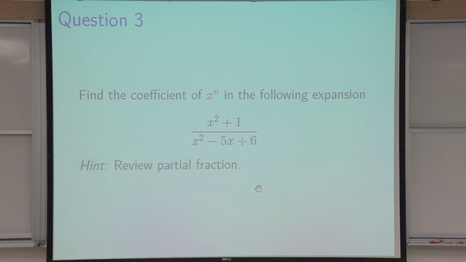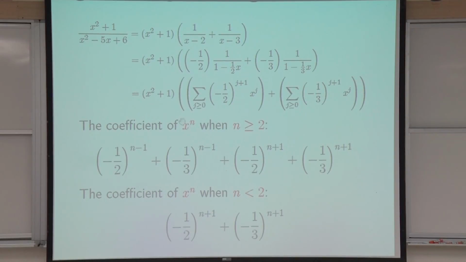And for question 3, we want you to find the coefficient of x to the power r in this generating function. We give you the hint to use partial fractions. By partial fraction, we mean we can take x squared minus 5x plus 6 and make it become 1 over x minus 2 plus 1 over x minus 3.